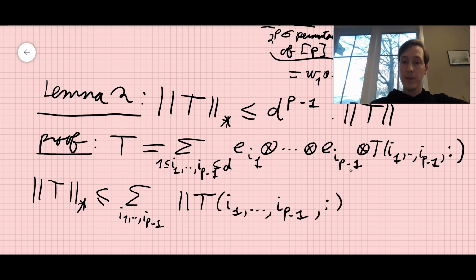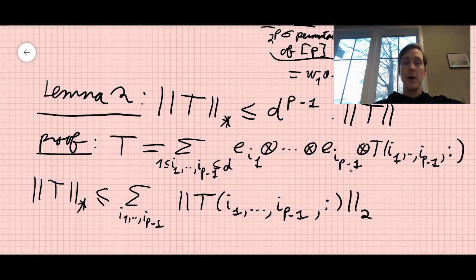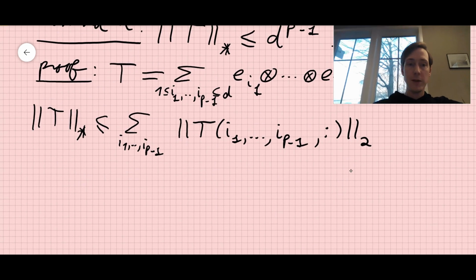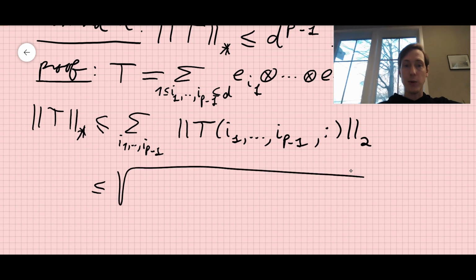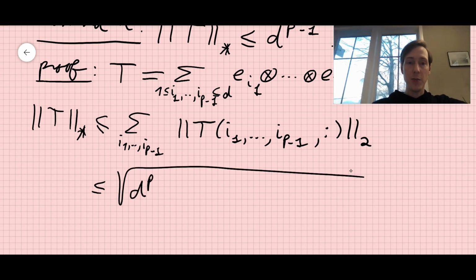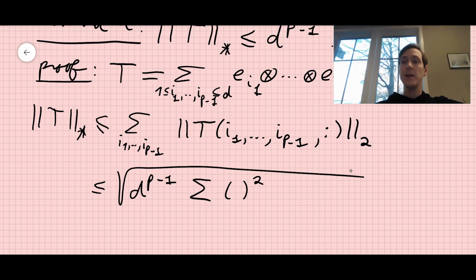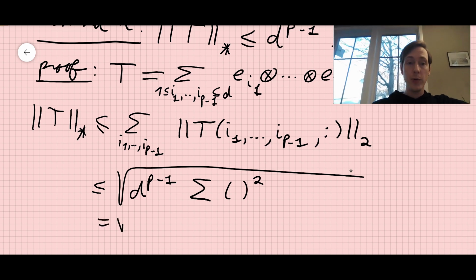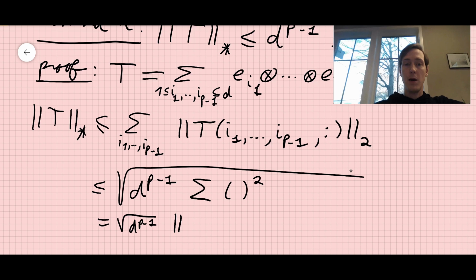Now I can apply Cauchy-Schwarz, and what I get is that this is smaller than the square root of the number of terms in this sum, which is d to the p minus 1, times the sum of those elements squared. But what is the sum of those elements squared? It's the sum of all the entries in the array squared. So this is the Hilbert-Schmidt norm. So this is the square root of d to the p minus 1 times the Hilbert-Schmidt norm of T.